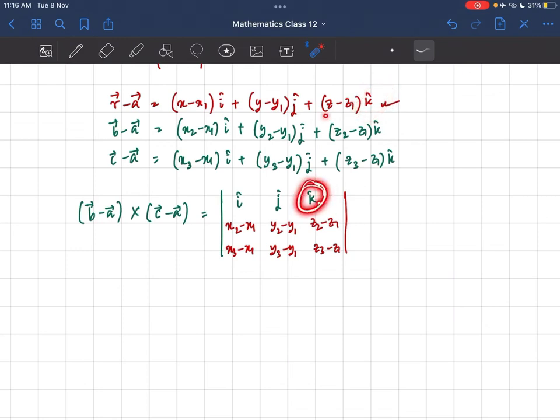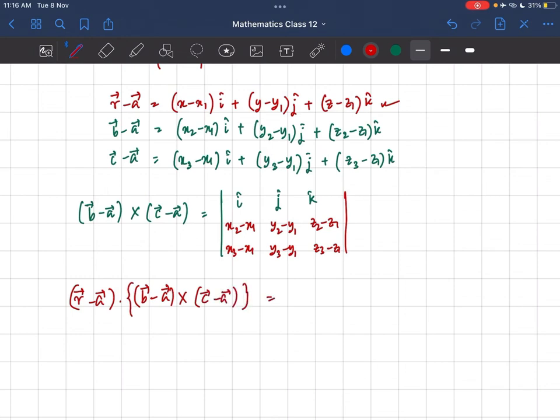So the thing which we need to find is R minus A dot B minus A cross C minus A. So in place of this entire thing, since we are doing the dot product, we can write the determinant with rows x minus x1, y minus y1, z minus z1; x2 minus x1, y2 minus y1, z2 minus z1; x3 minus x1, y3 minus y1, z3 minus z1, and that is equal to 0.